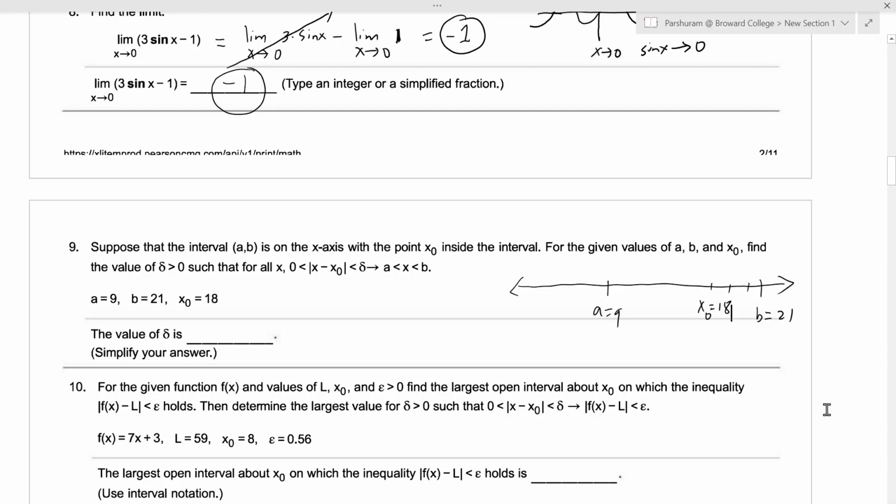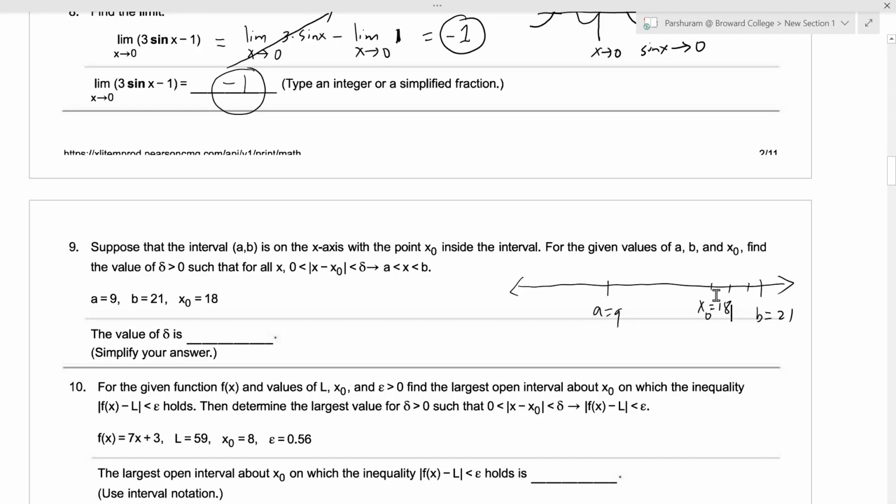Now we want to find the delta such that if I pick any point x from here, the difference between that point x and 18 should always be inside here, from 9 to 21. And whether you go to the left side or right side, the difference should always be the same delta.